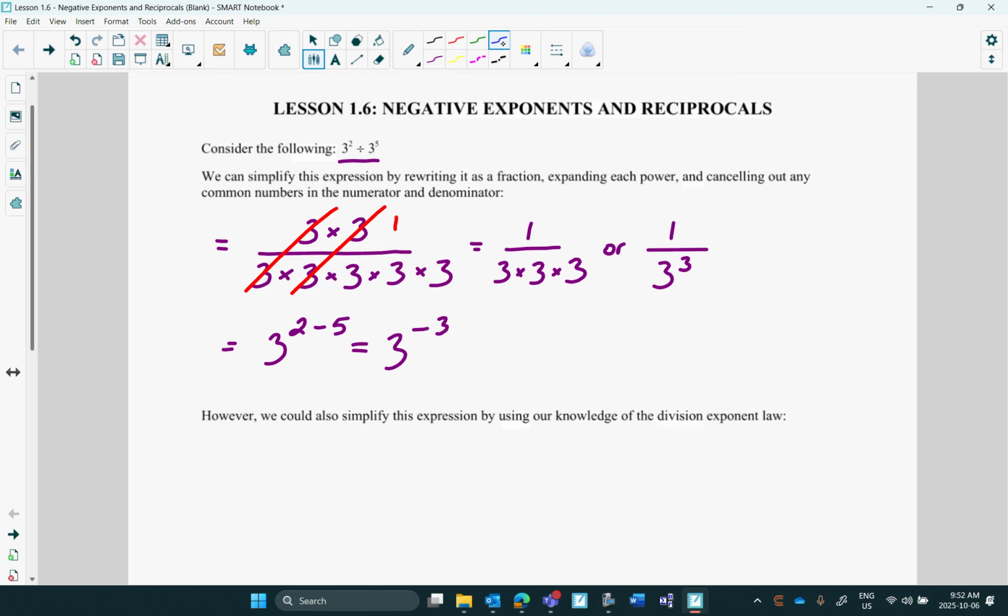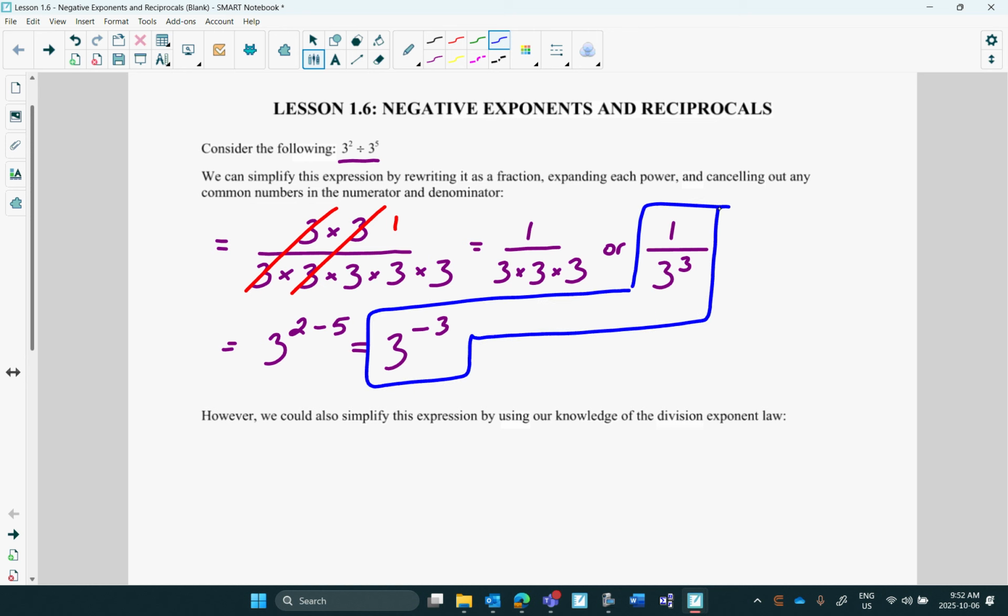If I do it using my exponent law, I get 3 to the negative 3rd. That means these 2 must be the same thing. They have to be equal. So 3 to the negative 3rd is the same as 1 over 3 to the positive 3rd.